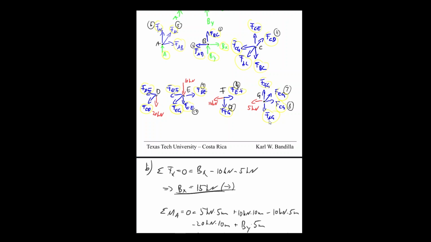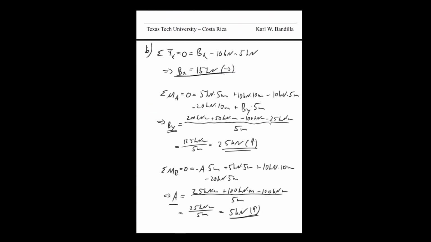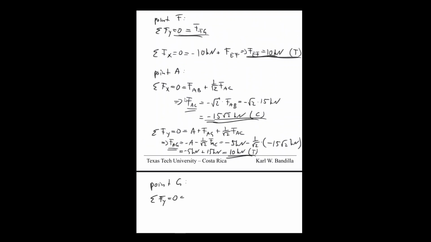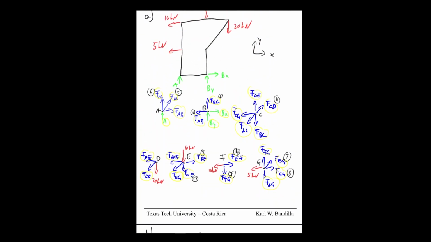So 7, point G, sum of forces in the Y direction. Point G, sum of forces in the Y direction equal to 0. Let's see where we get that. Scroll, scroll, scroll. In the Y direction.